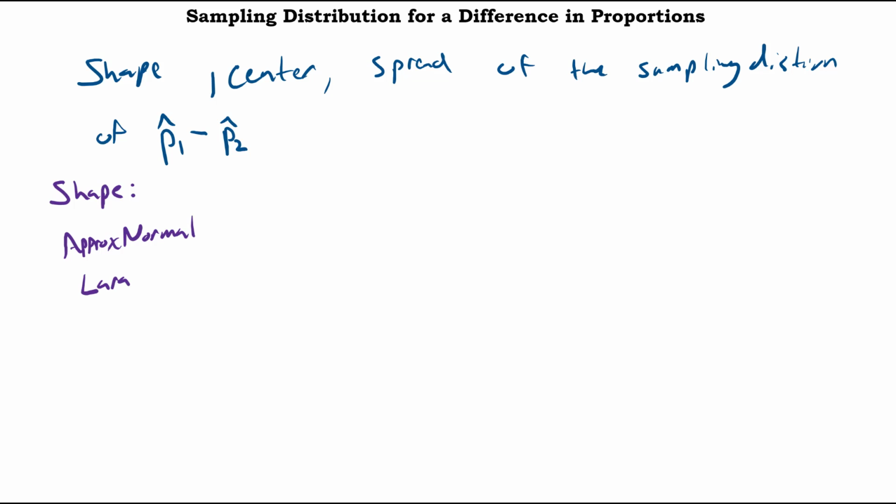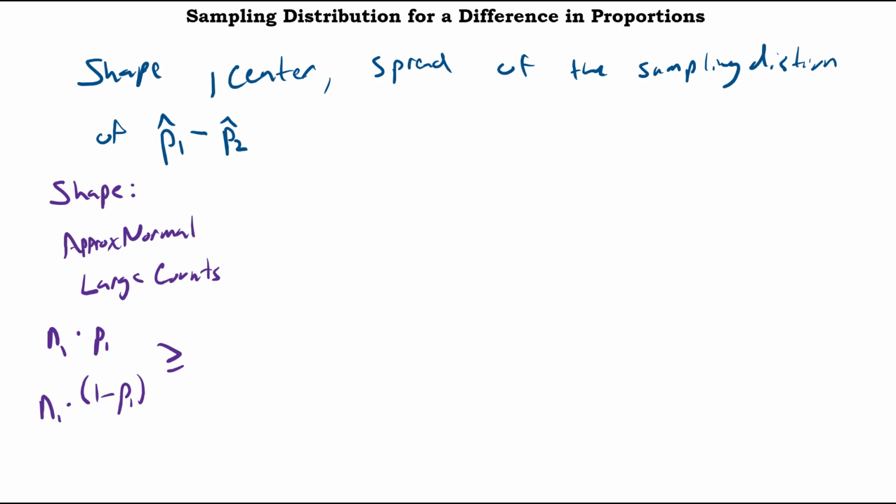Now, we've just dealt with one sample distribution so far. So now we've got to check it for both proportions, both samples. You're going to have two samples coming into this, so you not only have to do it for the first one, but the second one as well. You take n1 times p1, and n1 times 1 minus p1.